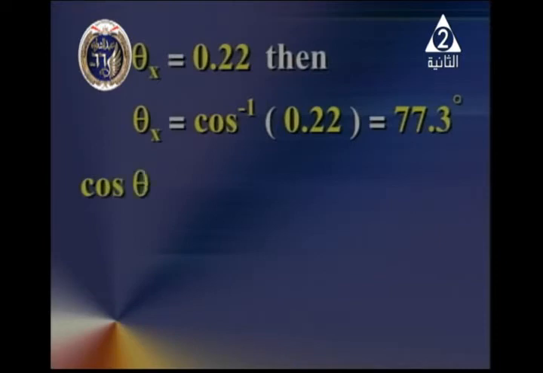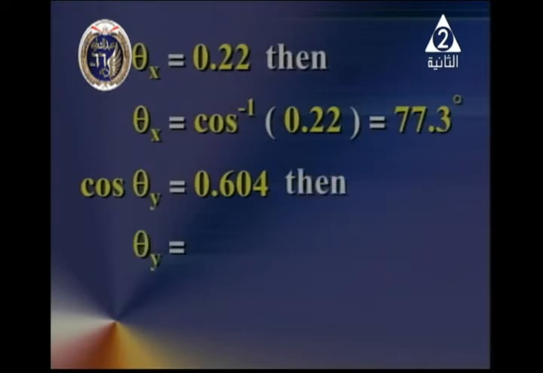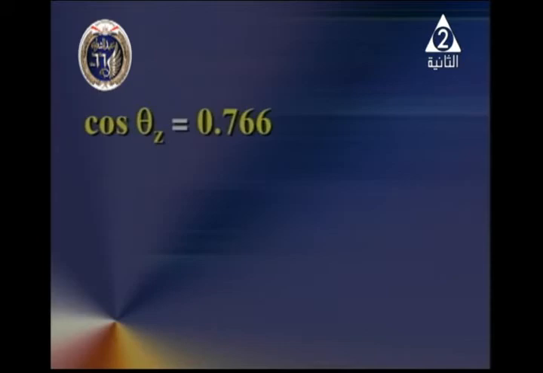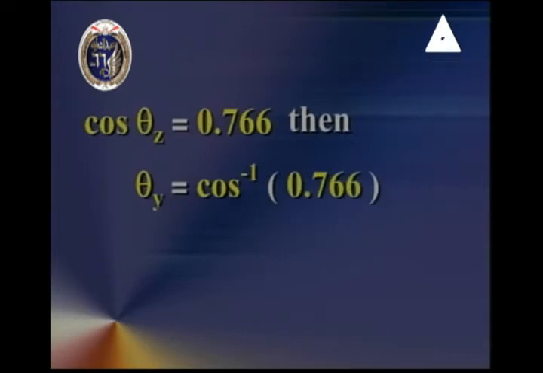By the same method, cosine theta y is 0.604, then theta y equals cosine inverse of 0.604 by using calculator equals 52.84 degrees. Also cosine theta z is 0.766, then theta z equals shift cosine 0.766 equals 40 degrees.